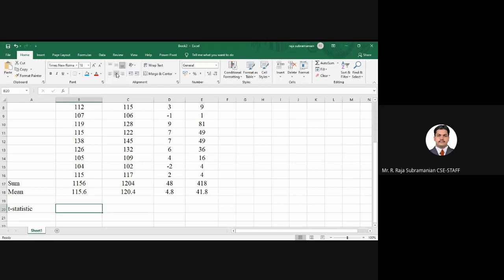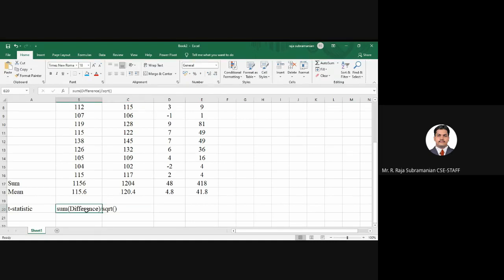The formula is the sum of the difference divided by SQRT, the square root of the standard deviation term divided by the degrees of freedom. For standard deviation we know that n into summation d squared minus summation d the whole square will be the formula.